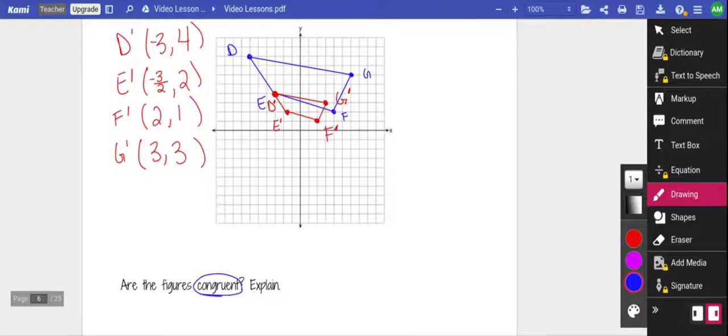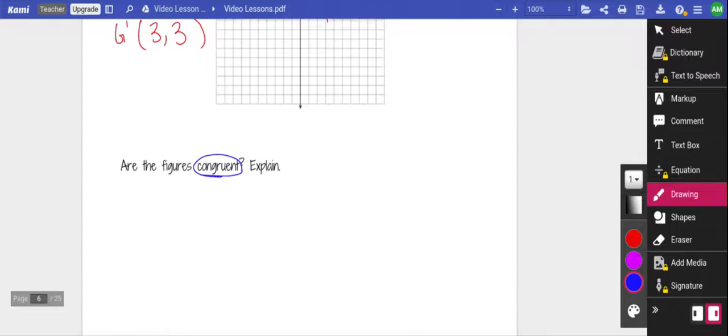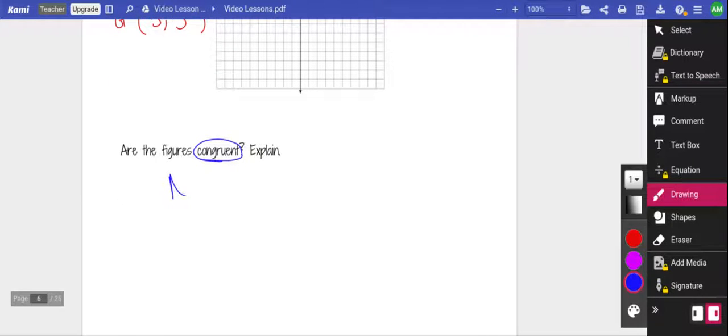Looking at these figures, the corresponding sides are not equal. In fact, they're in proportion. They're proportionate. So these are not congruent. Dilations do not preserve distance.